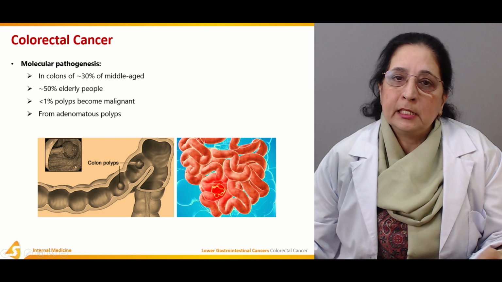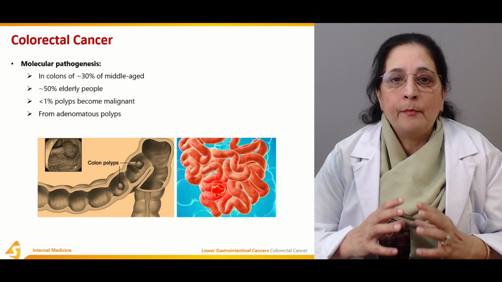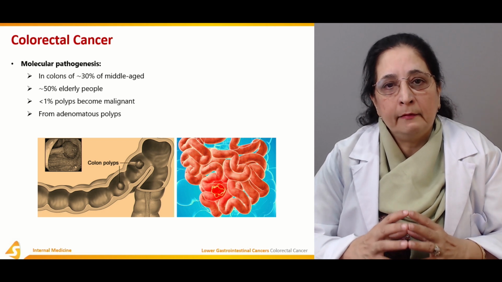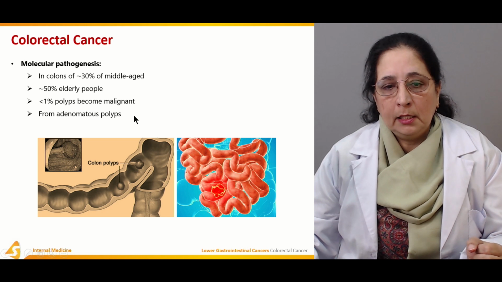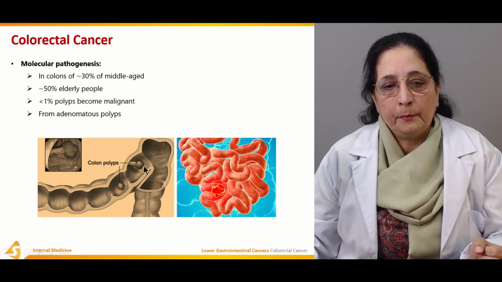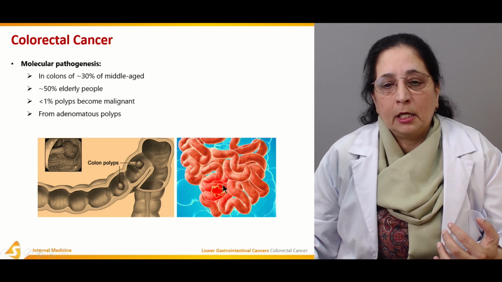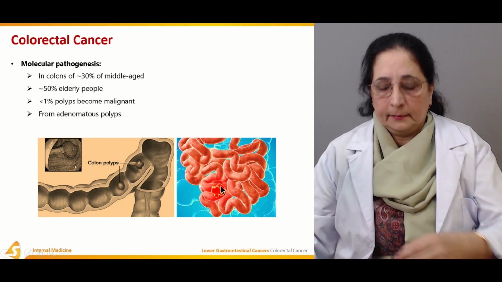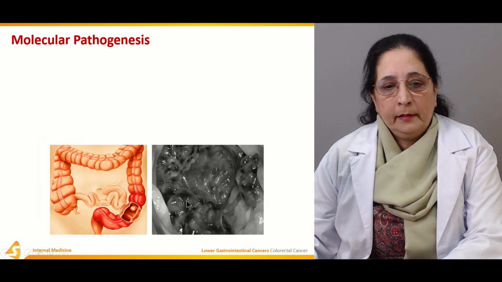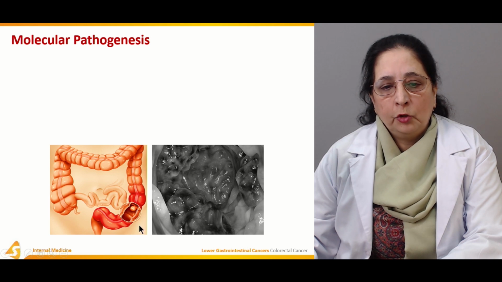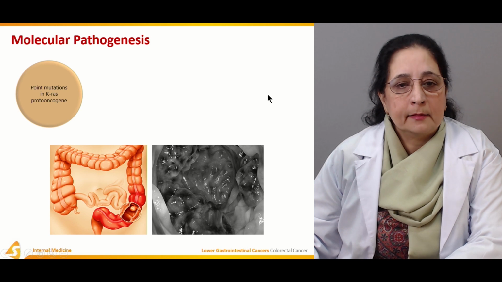So adenomatous polyps develop from the glandular tissue, and they have more tendency to grow into malignancy. So these are the colon polyps, and this is the colon tumor or the cancer. Here again, this is the growth polyp, and these polyps can even become cancerous.